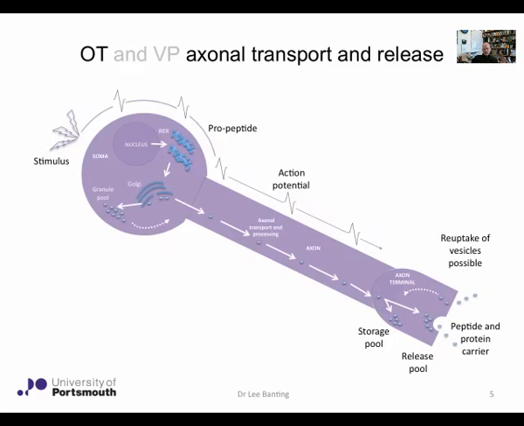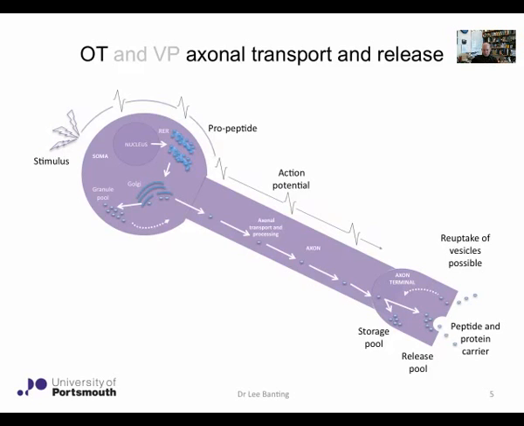As that protein moves down the nerve, driven by an action potential, you get axonal transport and processing down the axon until, in the axon terminal, you get release of the peptide and protein carrier, which are intimately tied to one another.